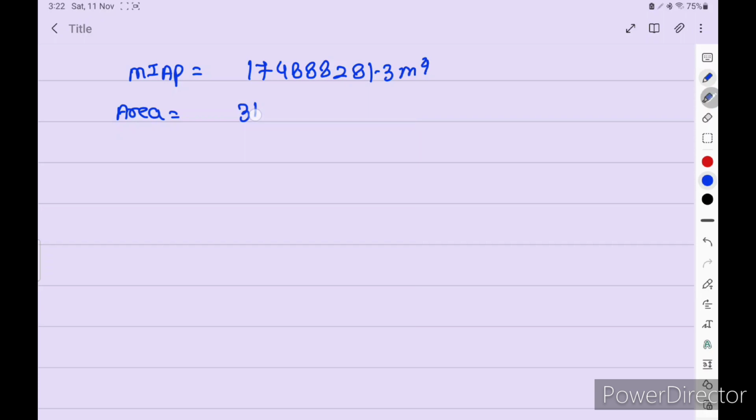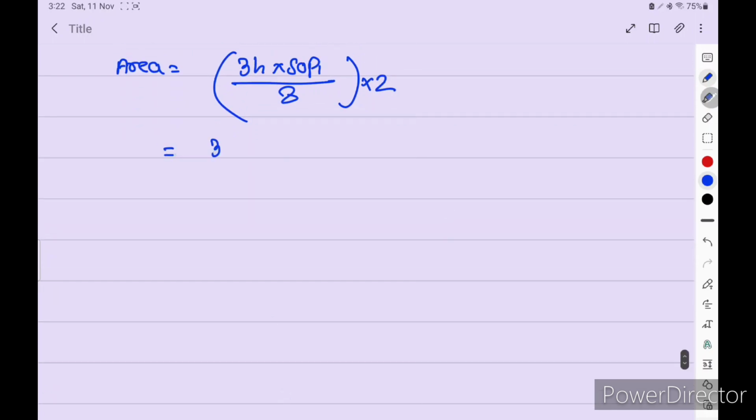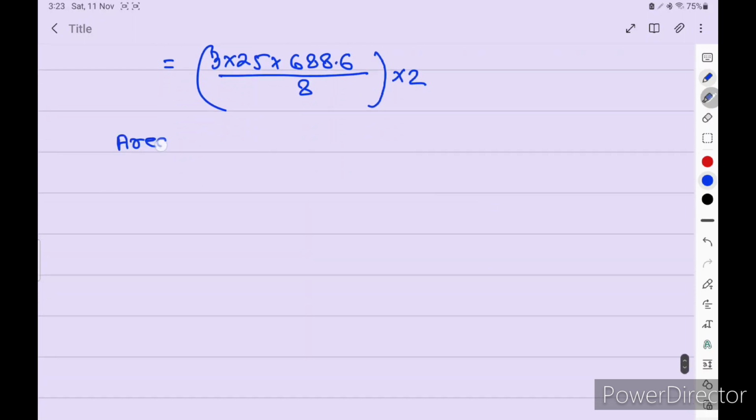Area is equal to 3h into SOP1 divided by 8. Half ordinates we recorded, full ordinates into 2. So 3 into 25 into 688.6 divided by 8 into 2. So area we get 12911.25 m square.